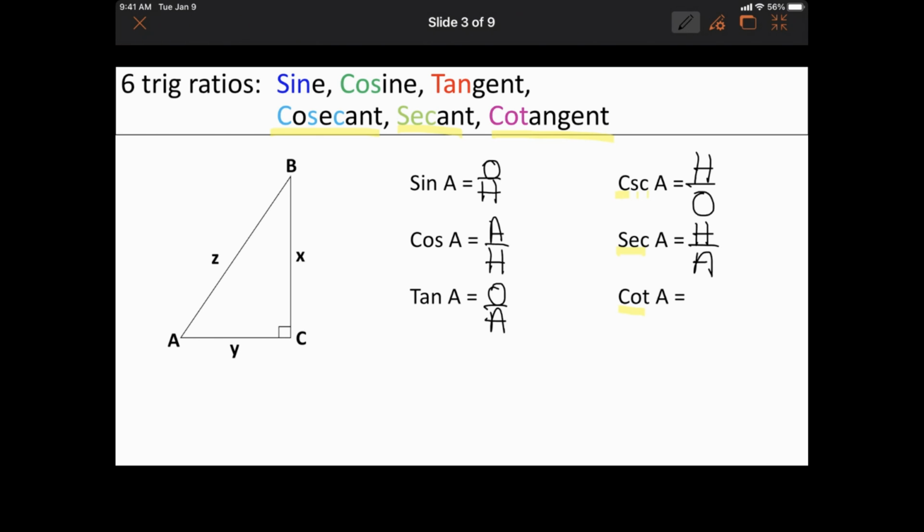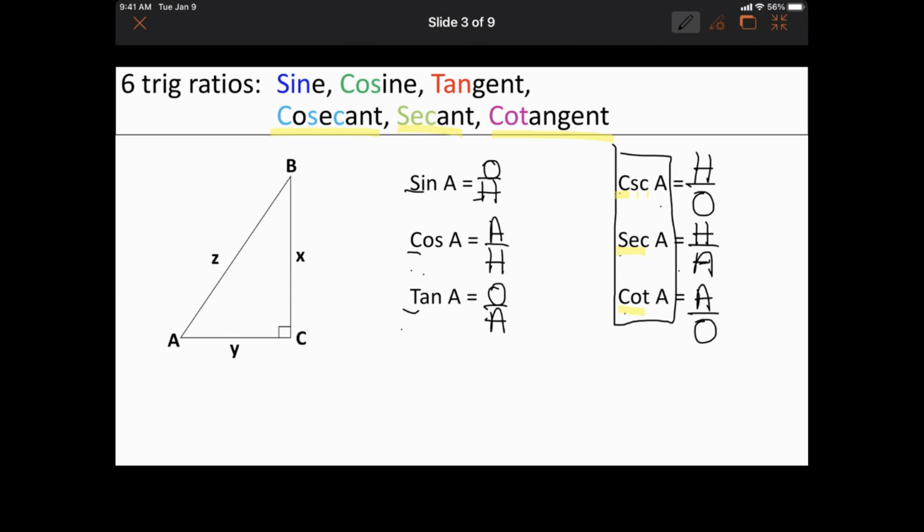For cotangent, it is adjacent over opposite. So these 3 here are reciprocals of the original 3. This is why I write it this way, so that you know. If you can find sine, cosine, tangent, then you can find cosecant, secant, cotangent.